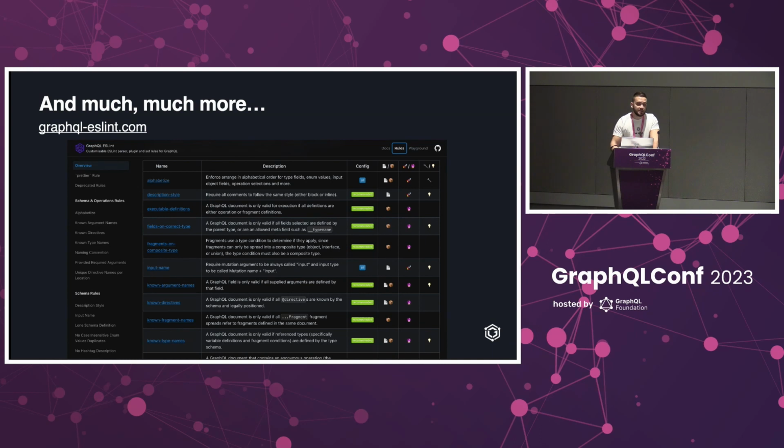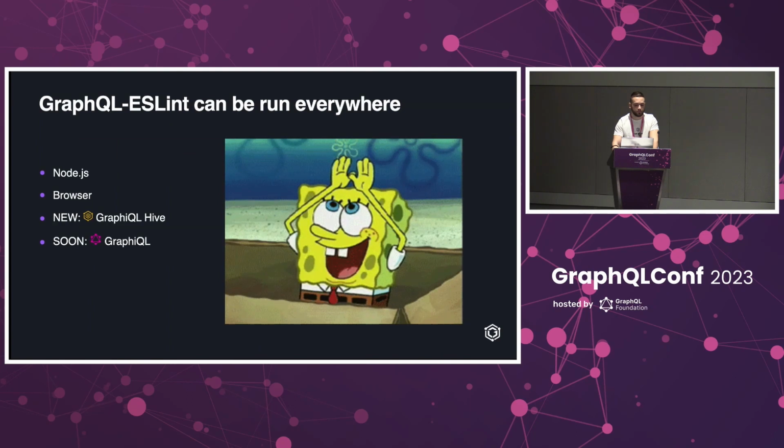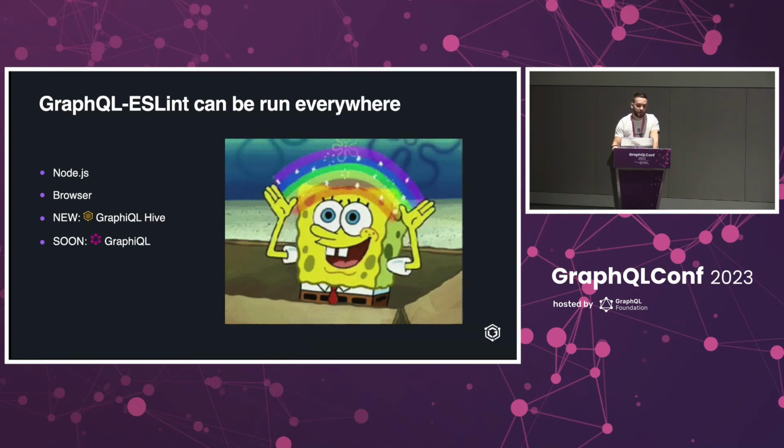There are a lot of rules that I wrote, rewrote, refactored, and fixed, which you can check out. GraphQL ESLint has also become environment agnostic. It can be run in Node.js. It can be run in the browser. We shipped a new feature in GraphQL Hive, and soon GraphQL ESLint will also have a plugin for GraphiQL.